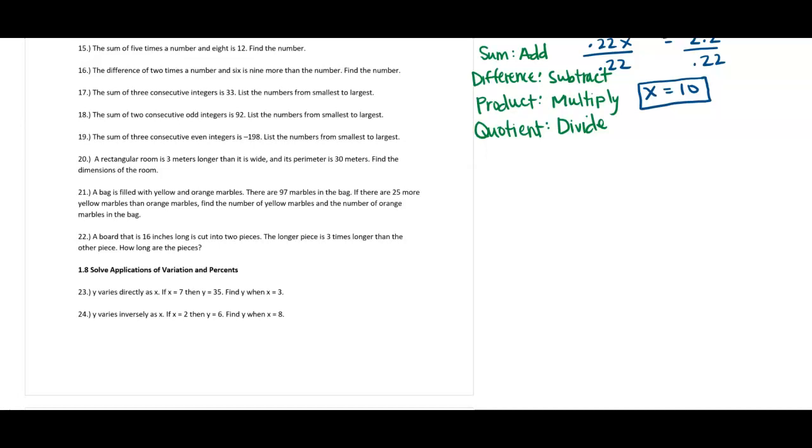let's look at number 16. Right, so it says the difference of 2 times a number and 6 is 9 more than the number. So remember last time we kind of talked about how it's nice to figure out where the equal sign is in it. And equals is that word is, right?